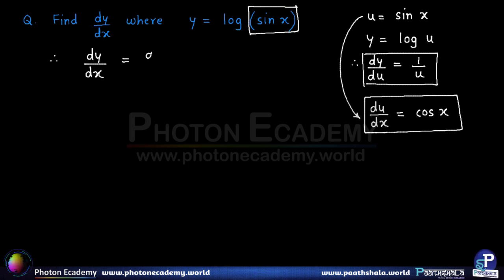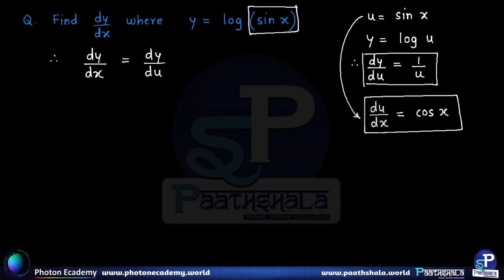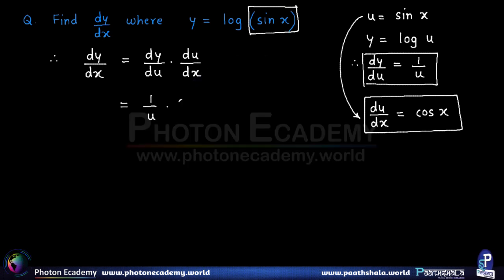Now as per the formula, dy by dx is given by dy by du into du by dx, and we have already evaluated the 2 derivatives. The first is dy by du, which is 1 upon u, and the second is du by dx, which is cos x.